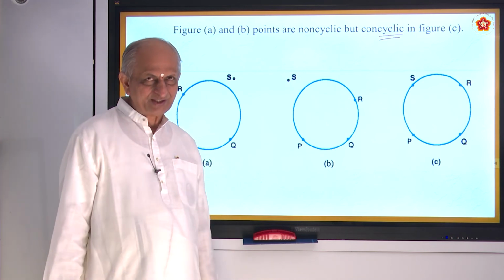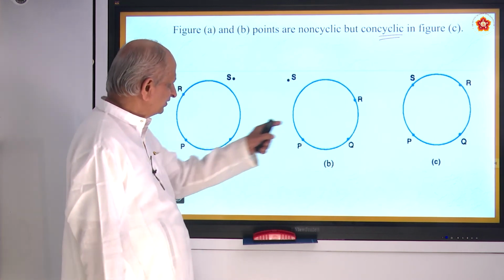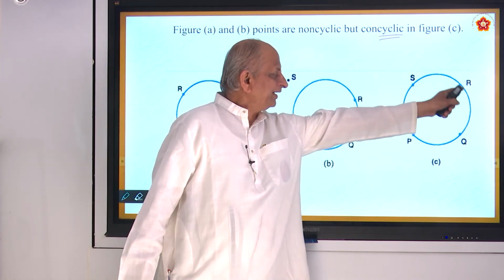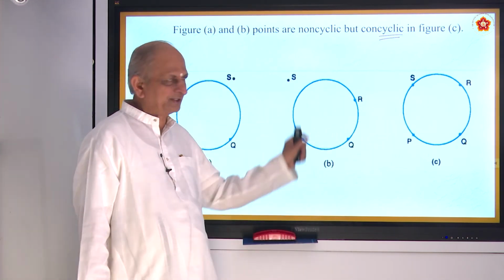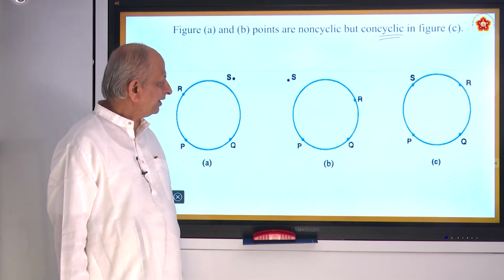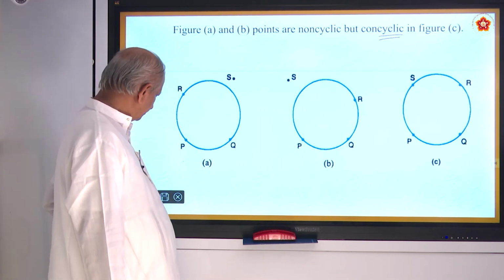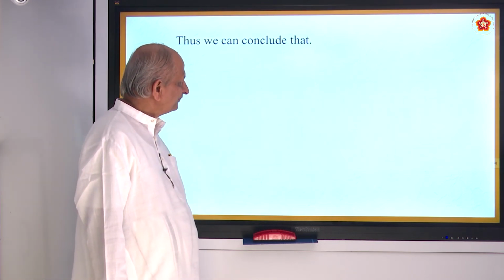So that is called concyclic points. So here also, the points are called concyclic points. And this point is away from the circle. And that is called non-cyclic points. Okay. So this is one new word you must add to your dictionary.